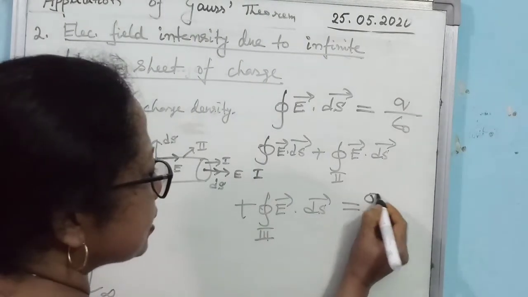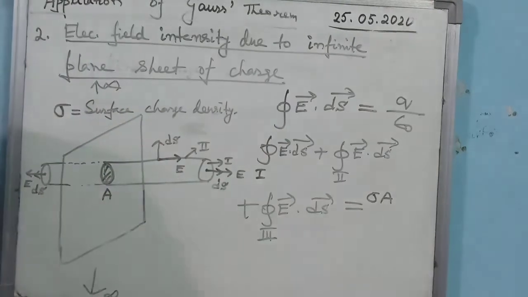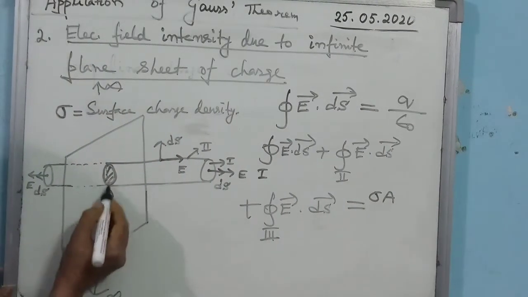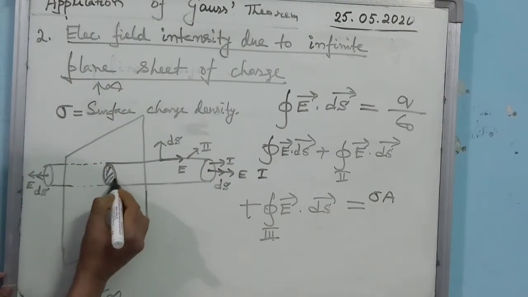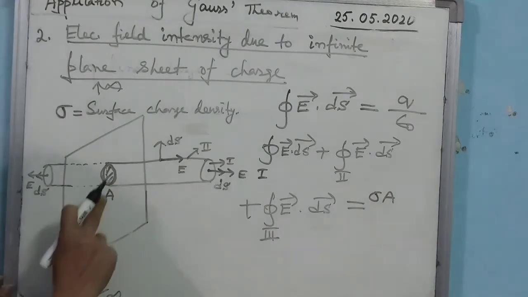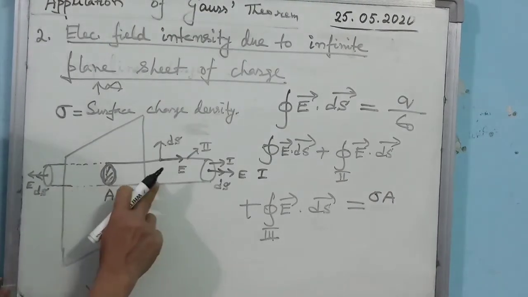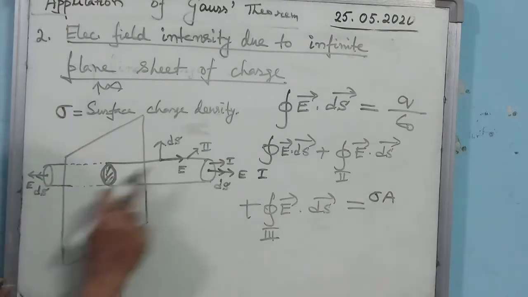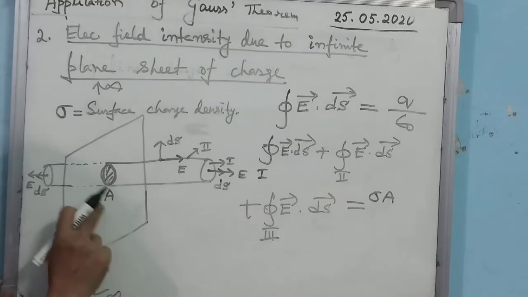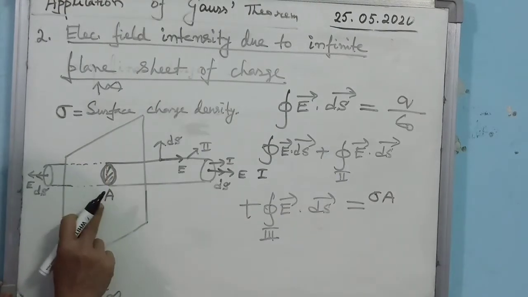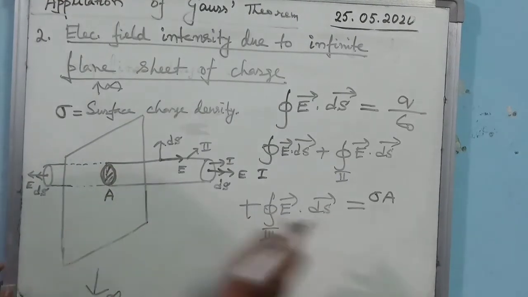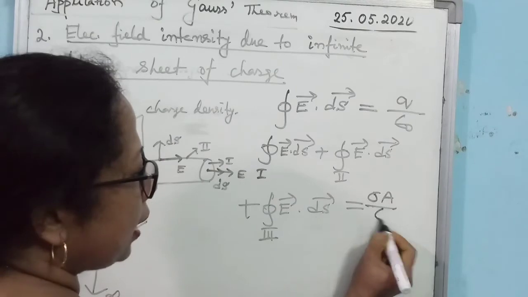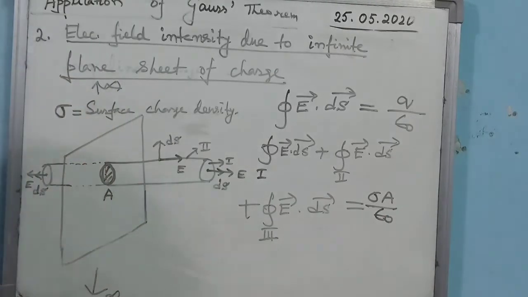It will be sigma into A. Is that clear what I said? A is the area of this surface, which is on the Gaussian surface, as well as the part of the plane sheet which is on the Gaussian surface. That is A. So what is the charge enclosed by the Gaussian surface? It will be sigma into A. So it is sigma A by epsilon naught.